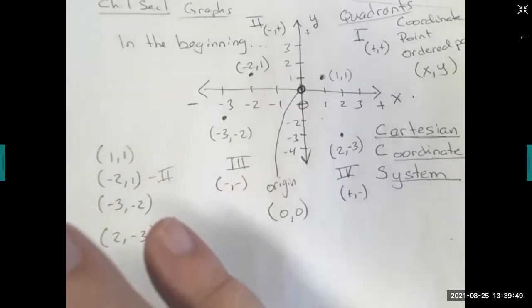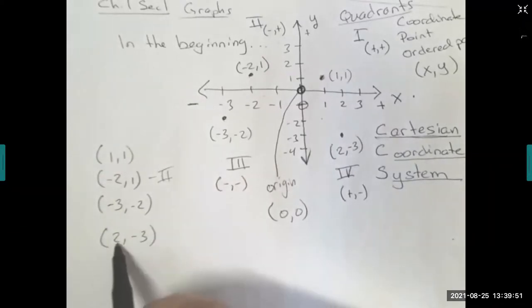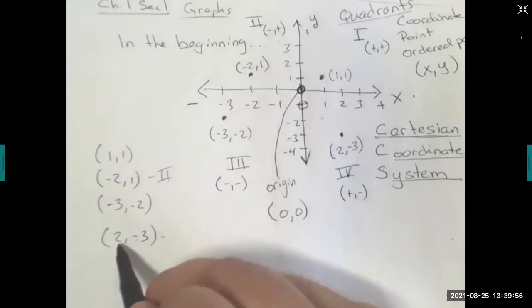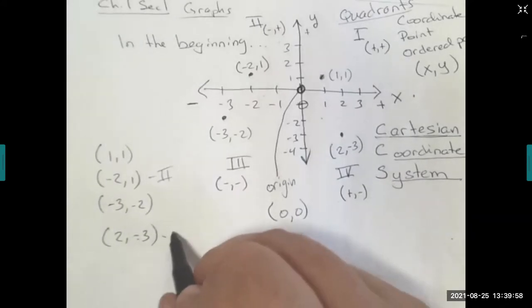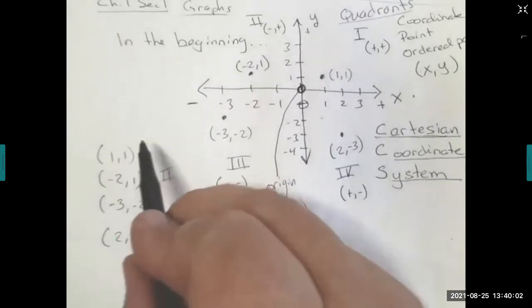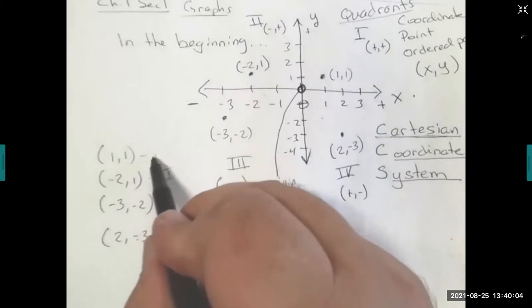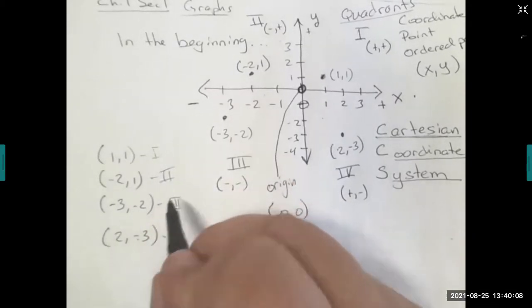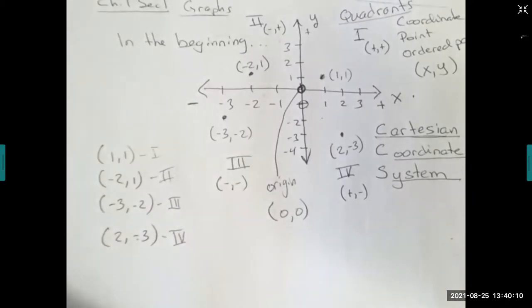Quadrants are always written in Roman numerals. +2, -3. You're in quadrant 4, yeah. Both positive, right up is quadrant 1. And both negative, quadrant 3. So far, so good?